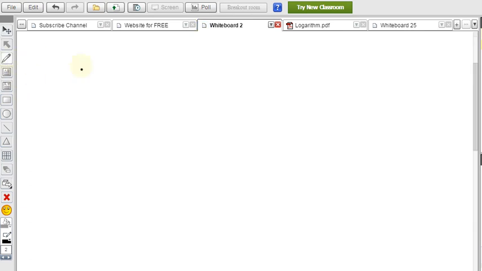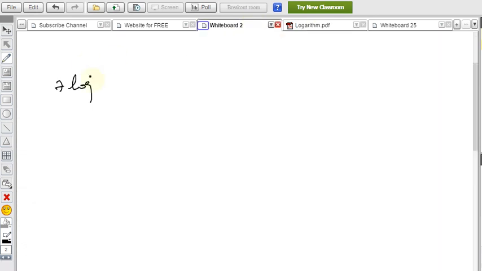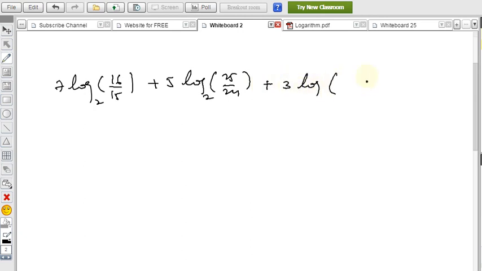So that is a long continuation process. The question is 7 into log 16 by 15 to the base 2, plus 5 into log 25 by 24 to the base 2, plus 3 into log 81 by 80 to the base 2.